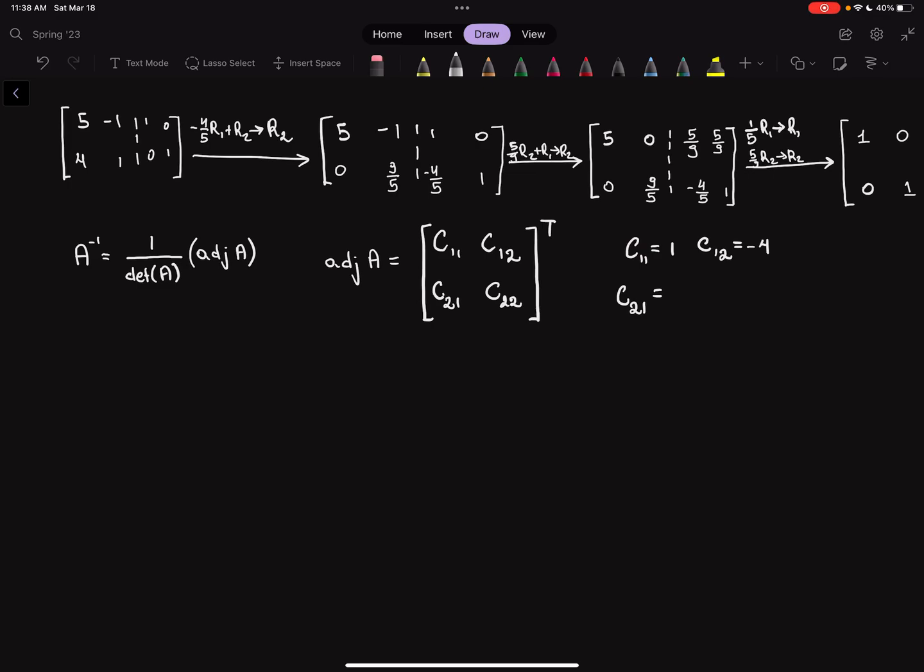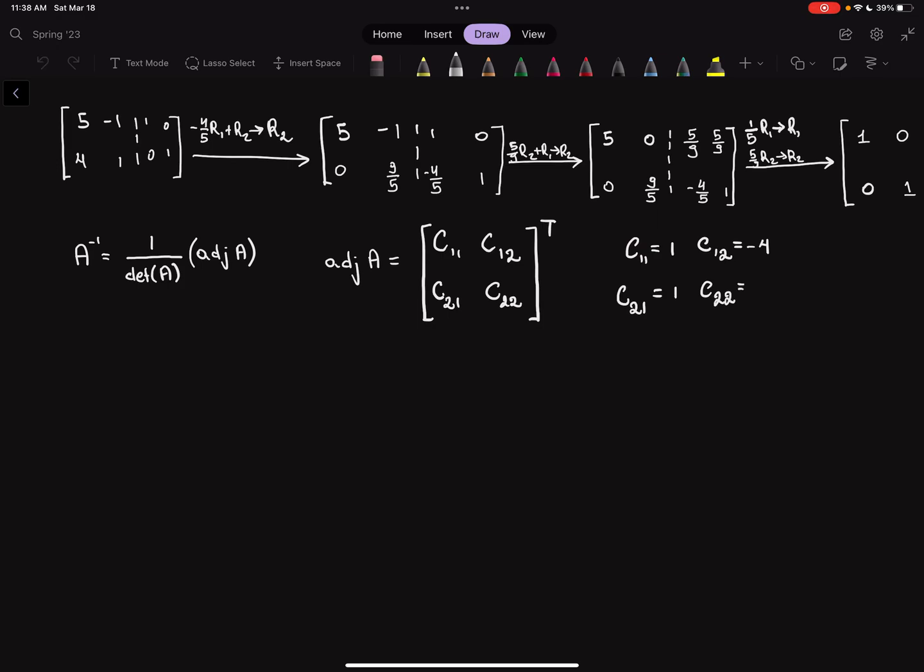Now, when we go to C21, we're going to have to exclude the second row and the first column, so we get the matrix is -1, but we notice that there's a negative in front, so it becomes a 1, and that is because these add up to an odd number. And then finally we have C22.